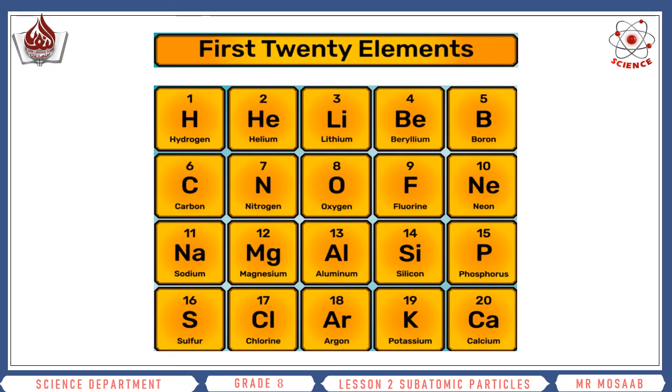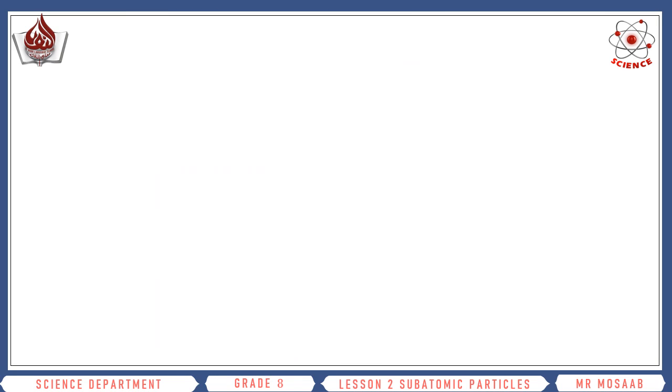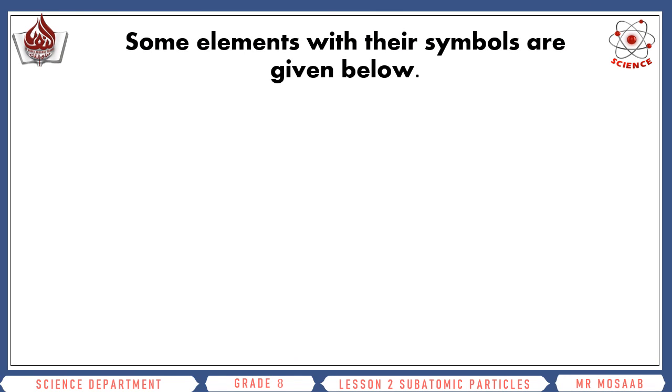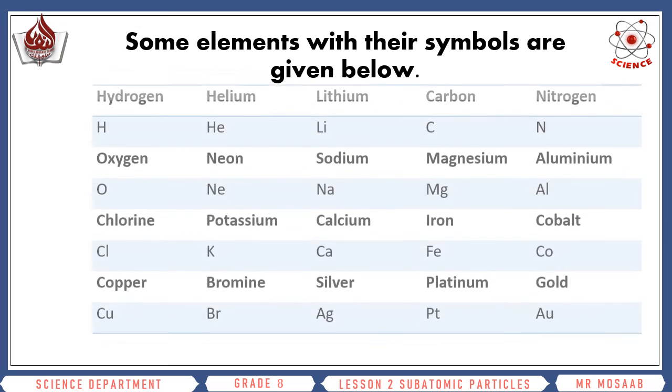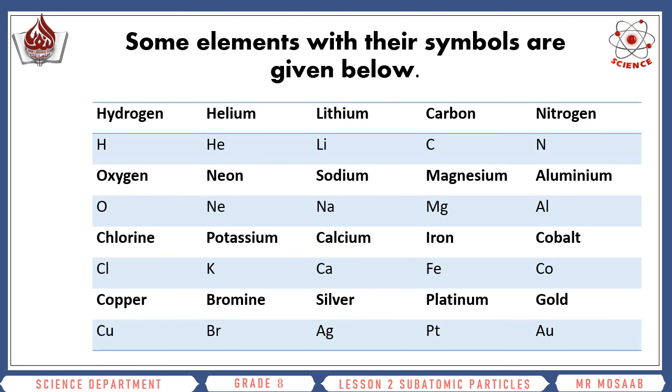For example, nitrogen has 7 protons, the atomic number equals 7, and so on. Some elements with their symbols are given below. For example, copper has two letters, Cu, C capital, u small.